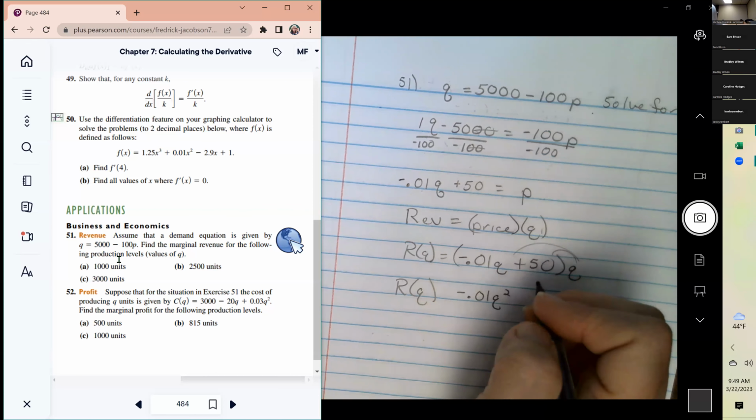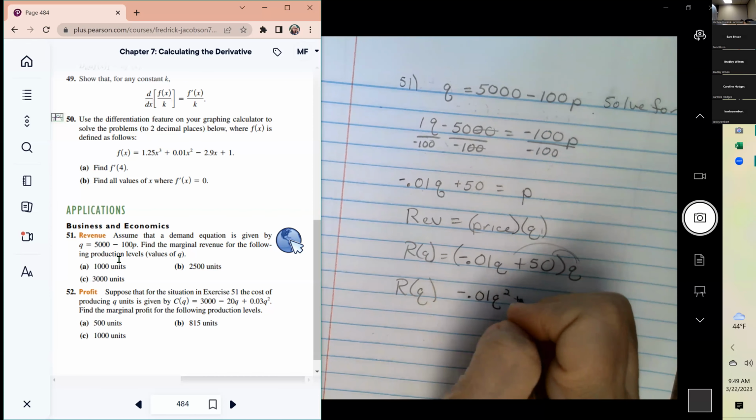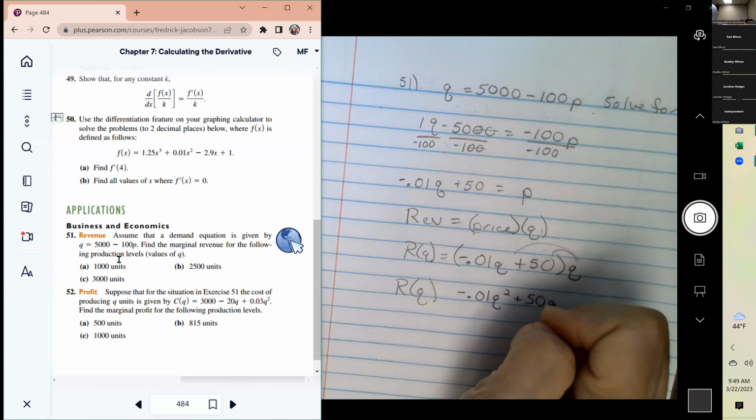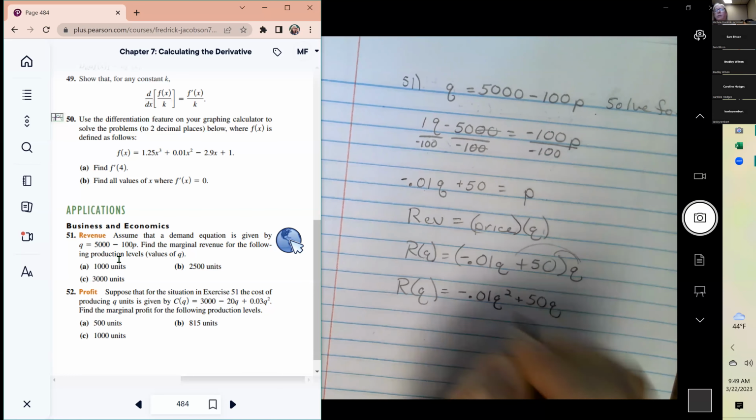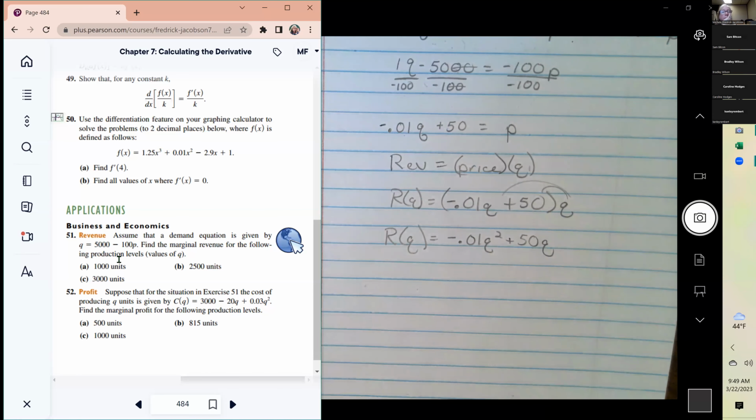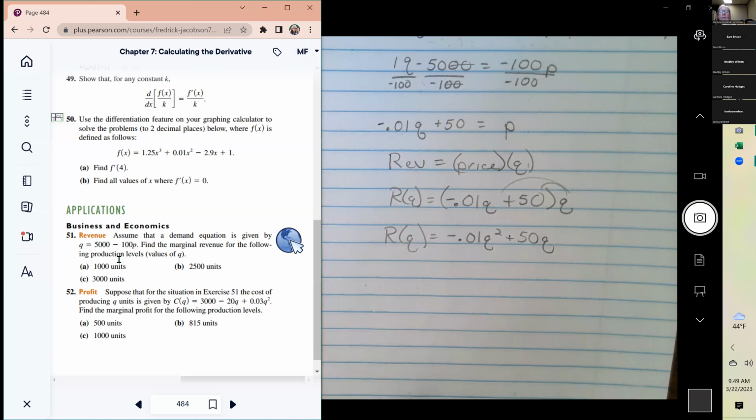It's going to be on every single exam. Just finding different ways of solving it. So that's our revenue equation. Any questions on that?